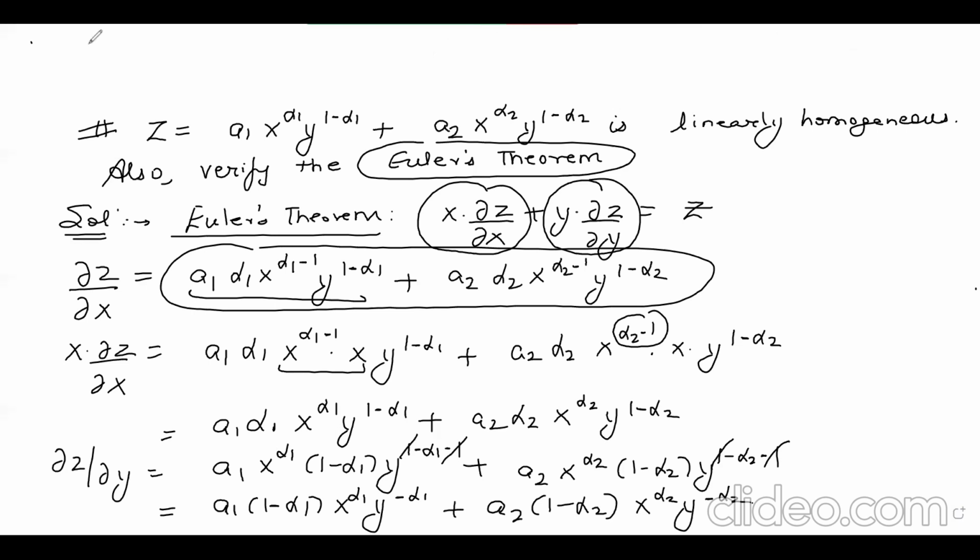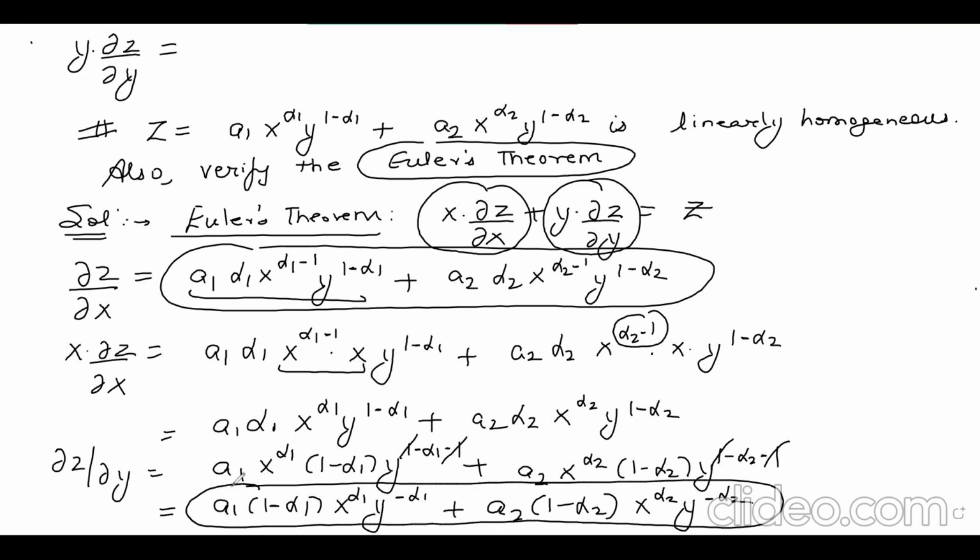So y times del z by del y is going to be this whole expression, del z by del y, multiplied by y. So it's a1 1 minus alpha 1 x to the power alpha 1 y to the power minus alpha 1 times y plus a2 1 minus alpha 2 x to the power alpha 2 y to the power minus alpha 2 further multiplied with y.